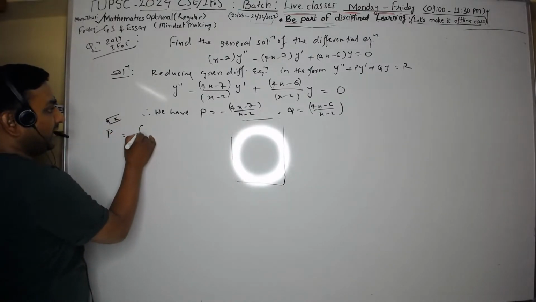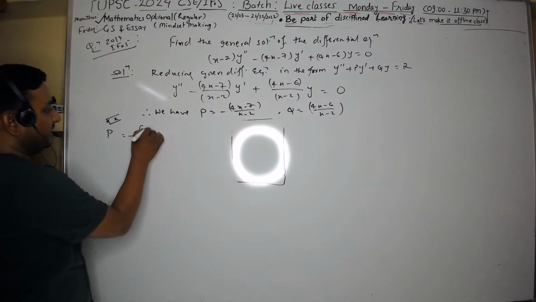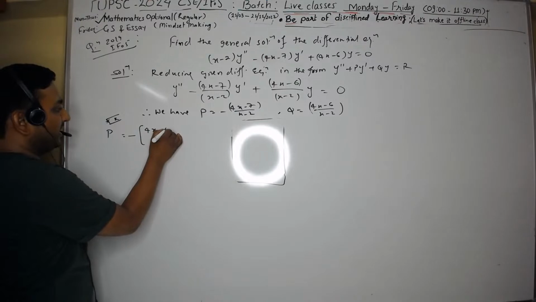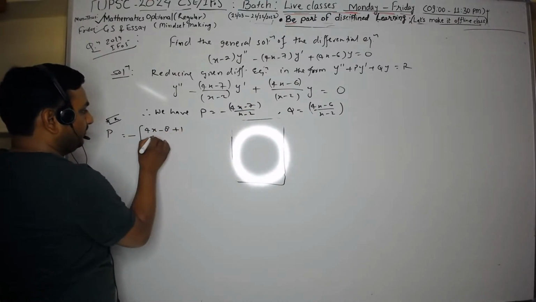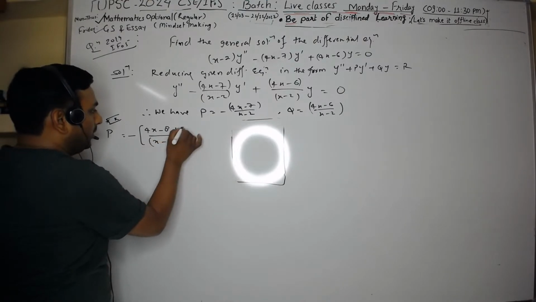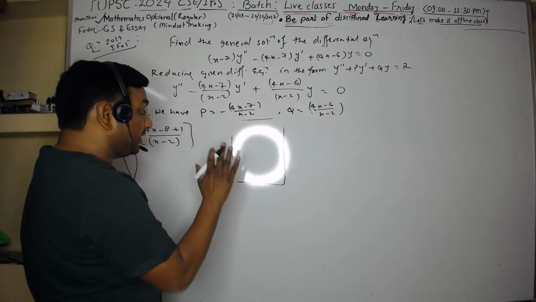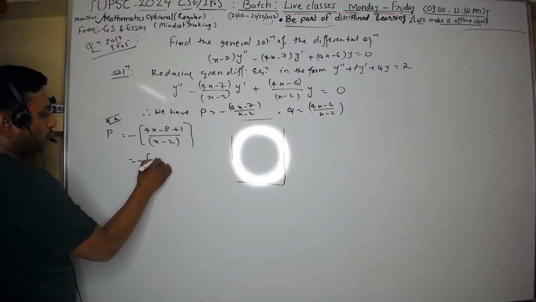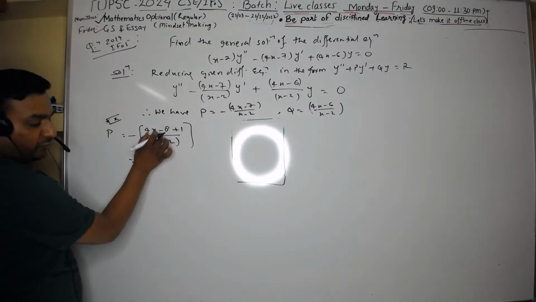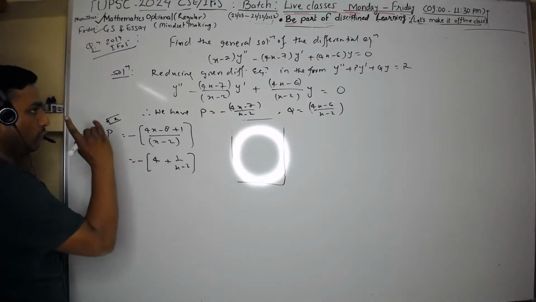Can I write this 4x minus 7 as 4x minus 8, with 1 subtracted and 1 added? Please do follow such steps, you will feel comfortable here. So this will become 4 times (x minus 2) plus 1 upon x minus 2.